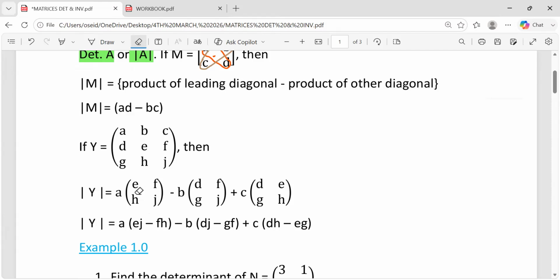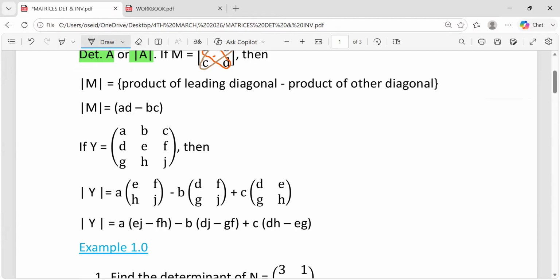So we are going to get A(EJ minus FH) minus B(DJ minus FG) plus C(DH minus EG).